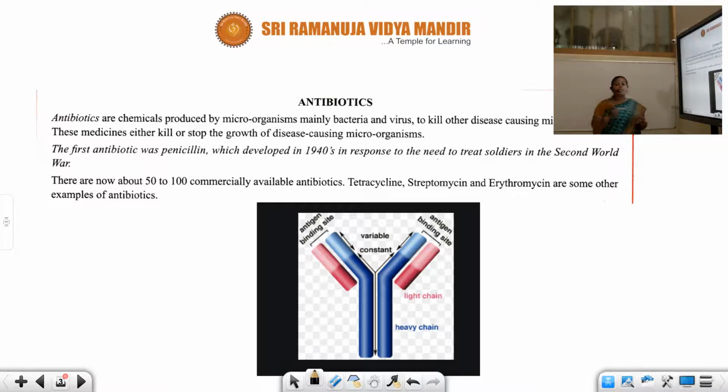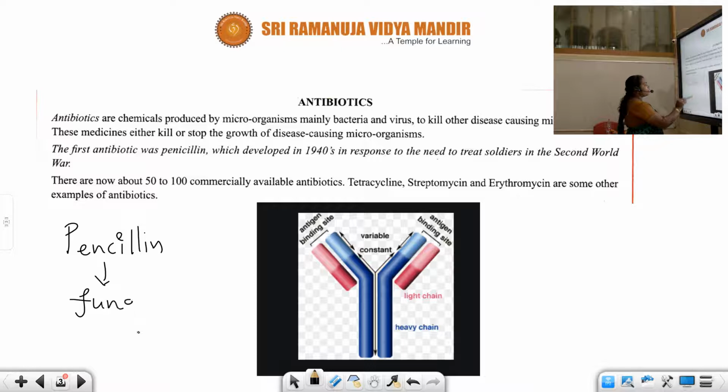For preparing these antibiotics, they take the help of viruses, bacteria and fungi. The best example of an antibiotic is penicillin, right? This penicillin is prepared from the fungus named Penicillium notatum.